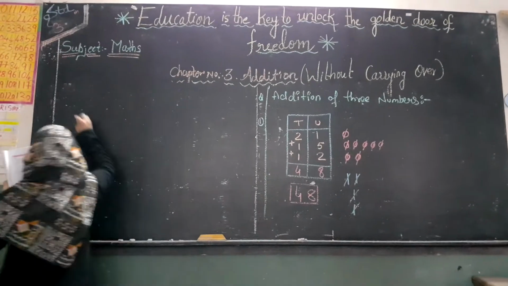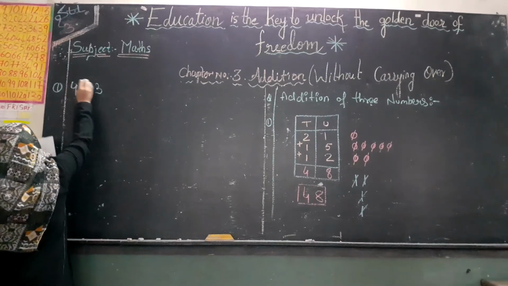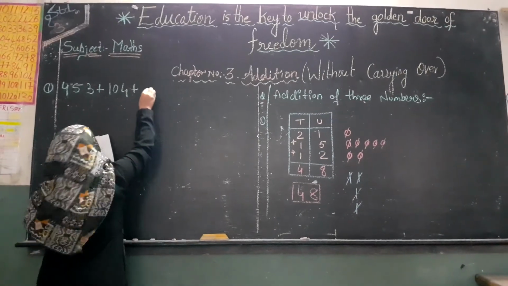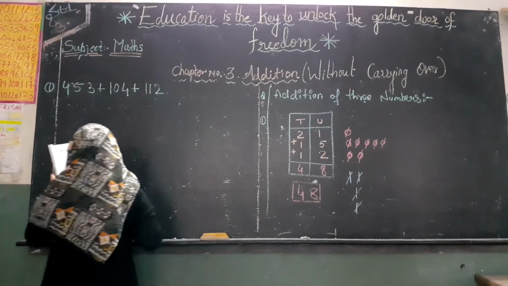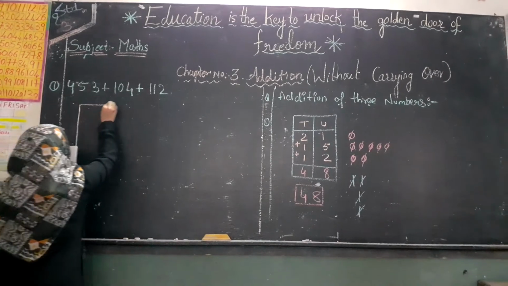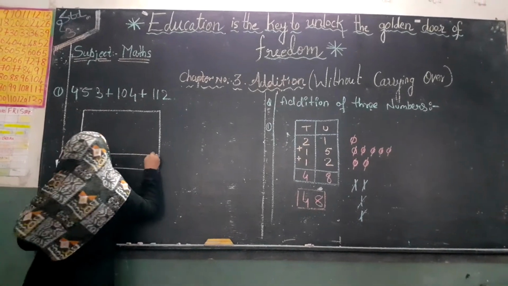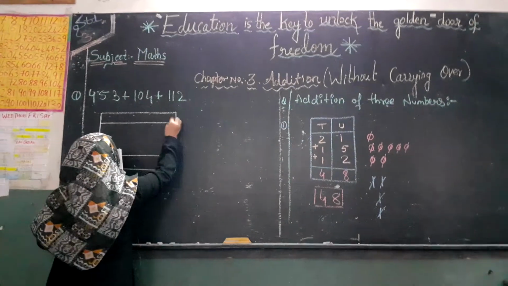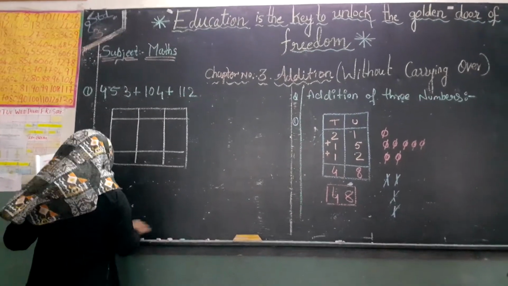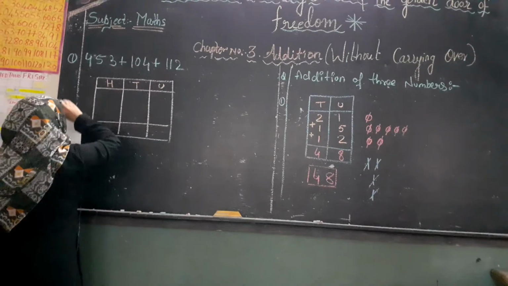Now the first question is 453 plus 104 plus 112. So we have to draw a box first. We have to draw columns: units, tens, hundreds.